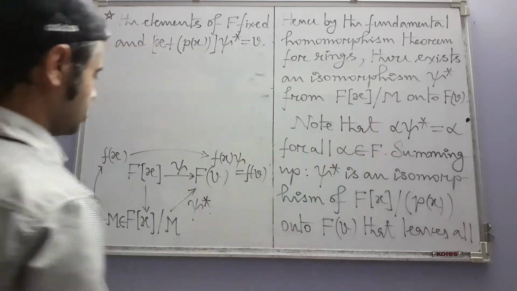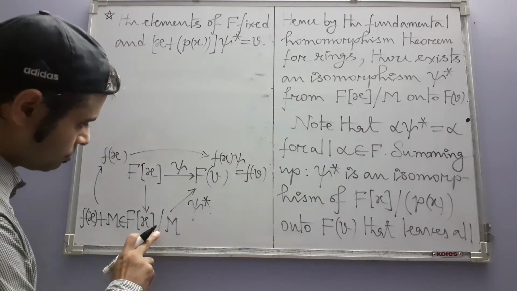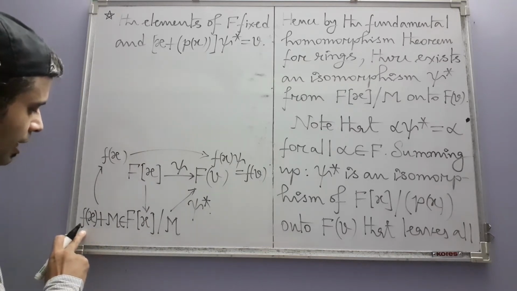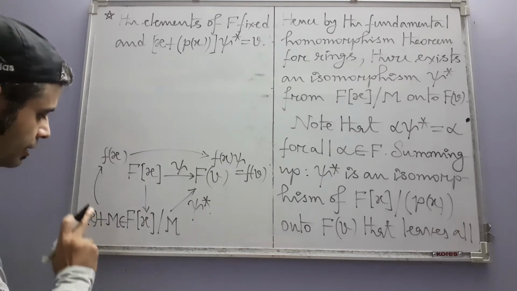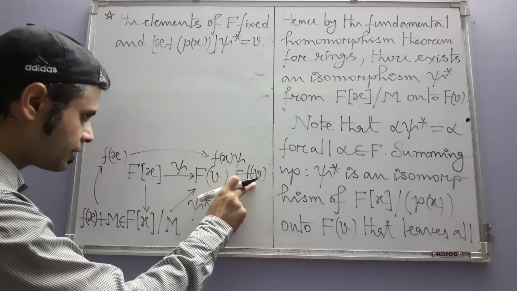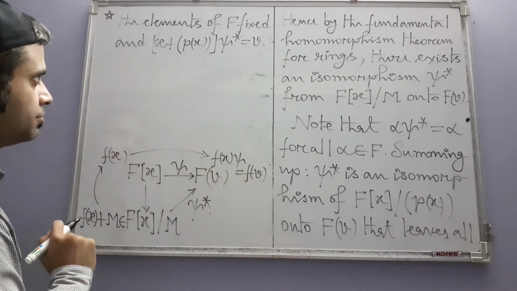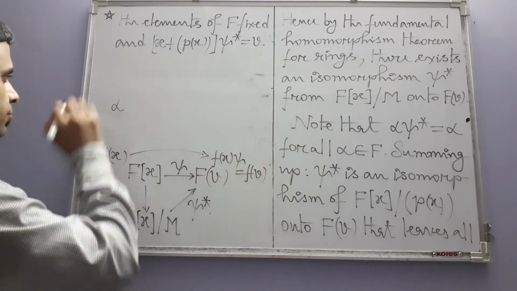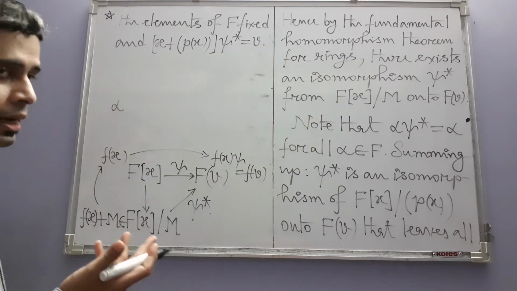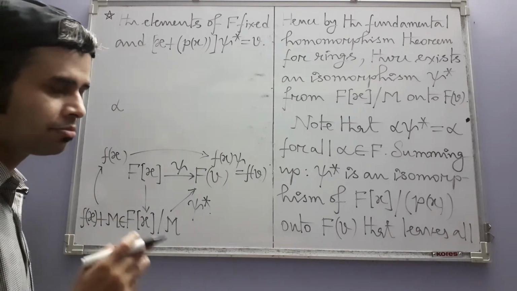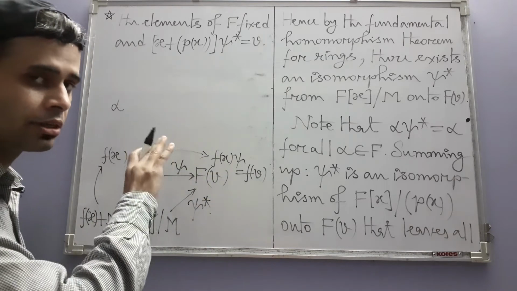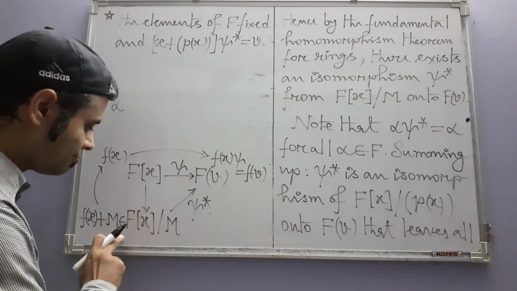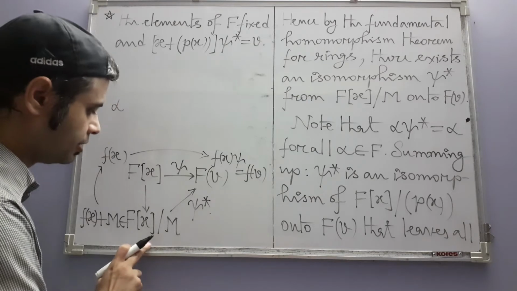First of all, this. So what do we see here? What is the association? If we start from this coset, then its image under psi star is f of V. So when we are considering alpha, what is this coset? Keep in mind the identification which identifies the field F inside this quotient ring.